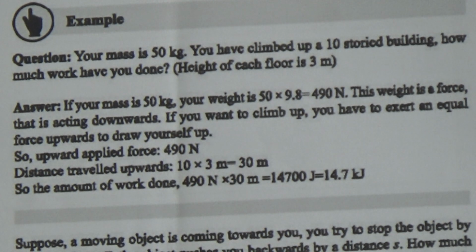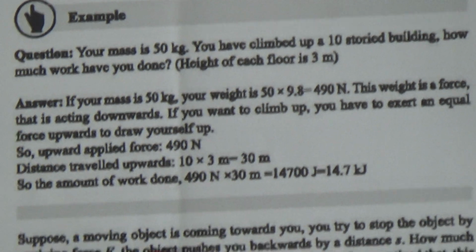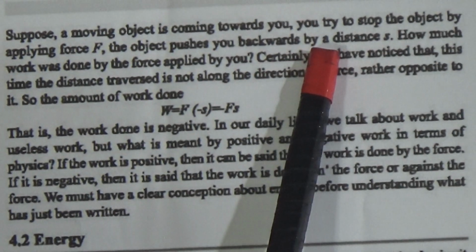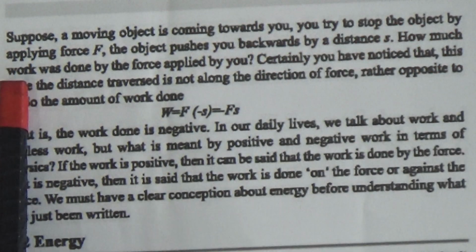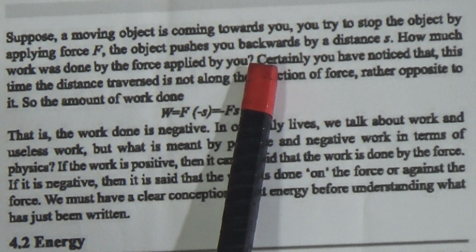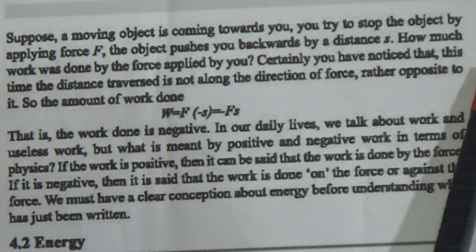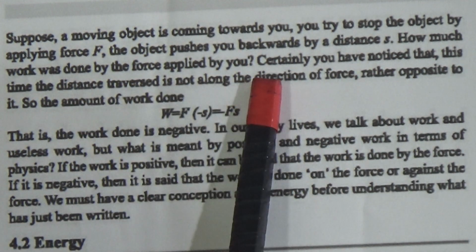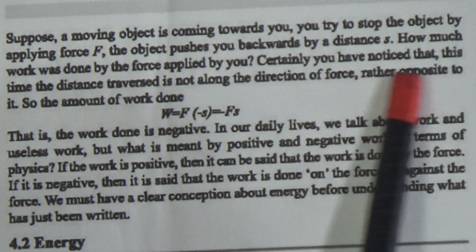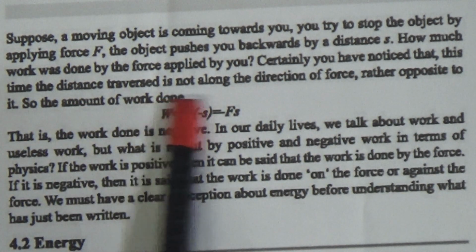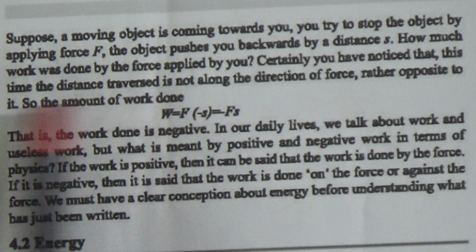Now come to this: suppose a moving object is coming towards you. You try to stop the object by applying force F. The object pushed you backwards a distance S. How much work is done by the force applied by you? Certainly you have noticed that this time the distance traversed is not along the direction of force and rather opposite to it.